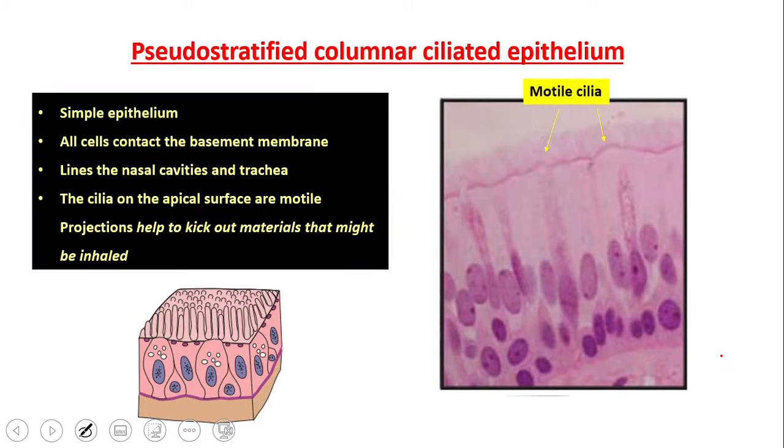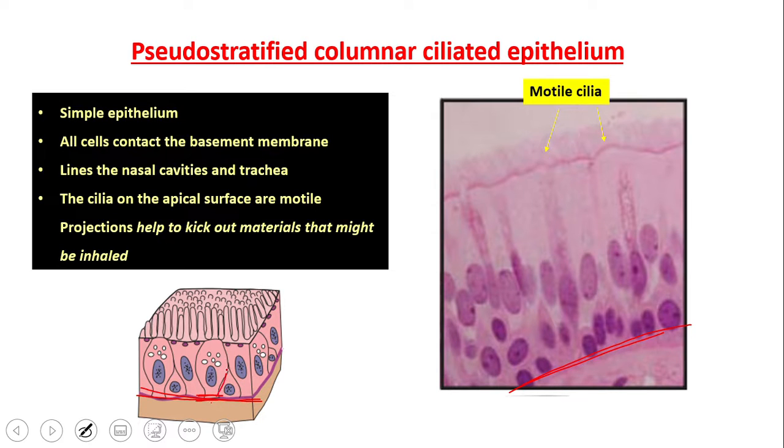Okay, look at this epithelium. Here is the basement membrane. And if you look at that without paying enough attention, you would say that this is stratified epithelium. However, it is not, because there is only one layer of cells above the basement membrane. So all the cells are touching the basement membrane here, but they are of different lengths.